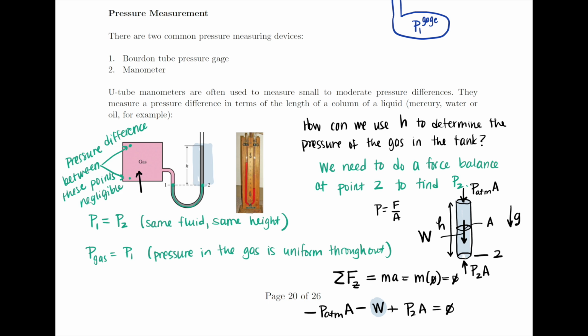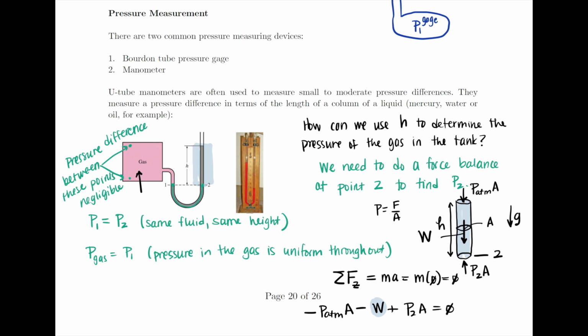I'm going to draw another picture zoomed in on point 2 and the column of water above it. So this is point 2, and then we have a column of fluid above it. Here's what we're looking at.